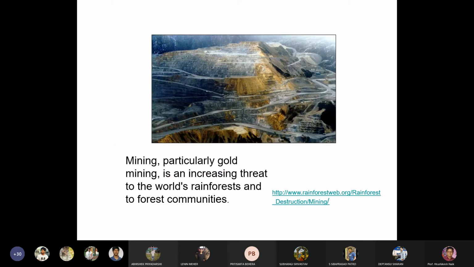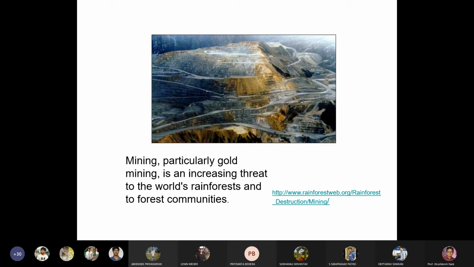So this is the scene of an open pit mining operation which is going on. Mining, particularly gold mining, is an increasing threat to the world's rainforest and to forest communities, because in gold mining you are going to use the cyanide chemical, and that cyanide is very, very dangerous.